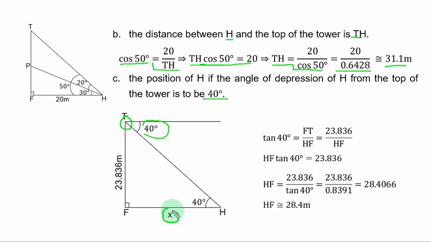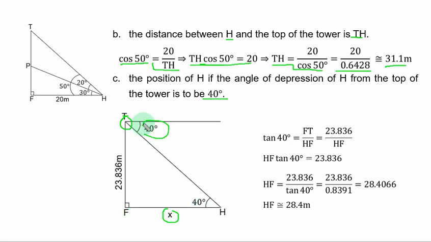Considering that you solved for this in the first two parts, we are looking for HF, and HF is denoted as S. So you have this as opposite and this is adjacent.